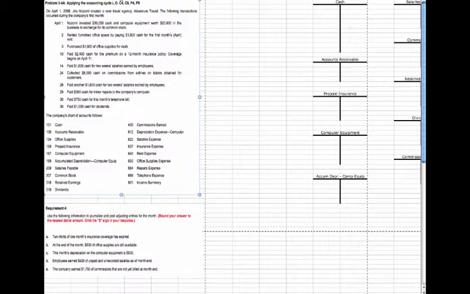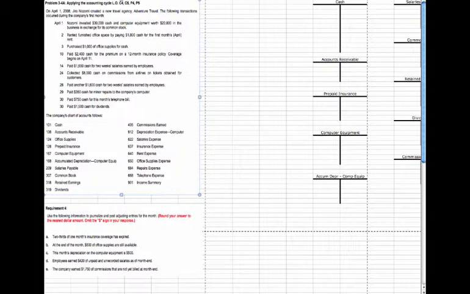According to this problem, on April 1st, 2008, Jiro Nozumi created a new travel agency, Adventure Travel. The following transactions occurred during the company's first month. What we have here is from April 1st through April 30th, a series of transactions that were made.